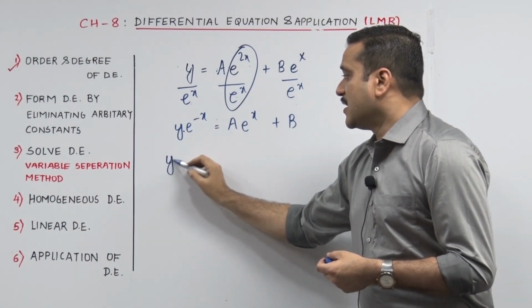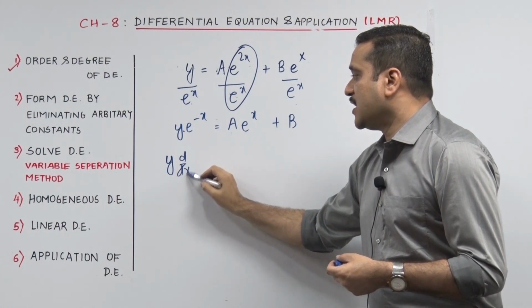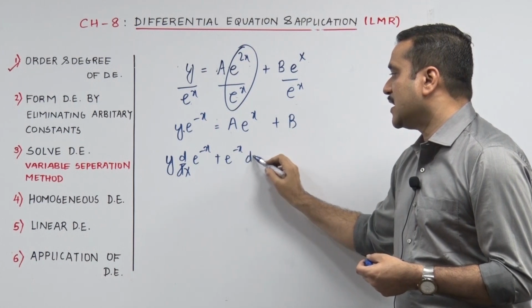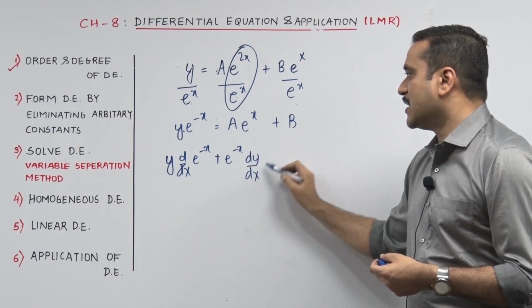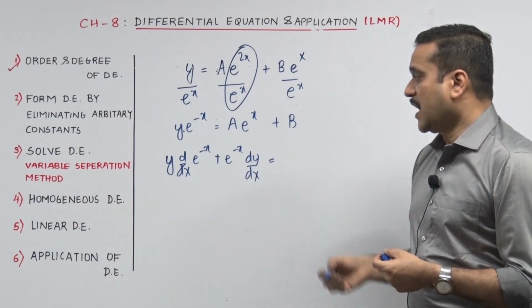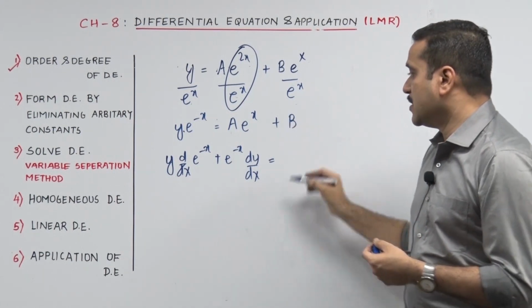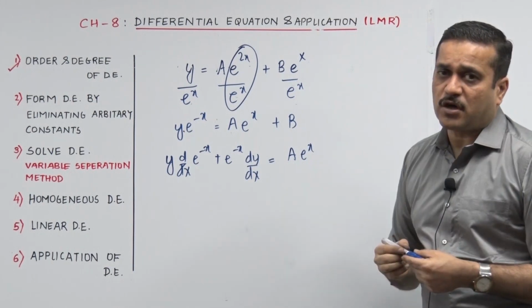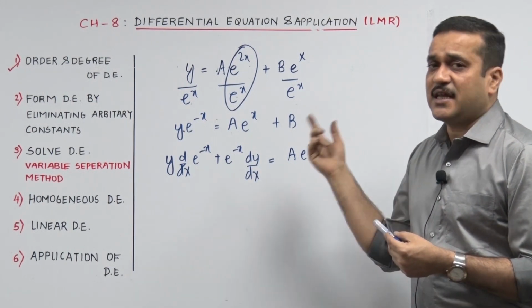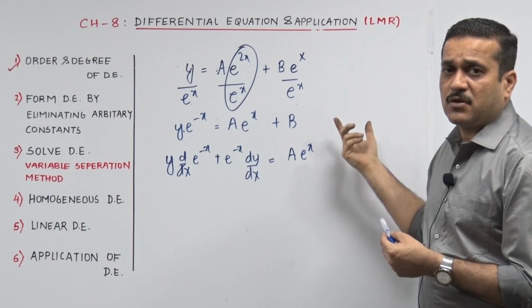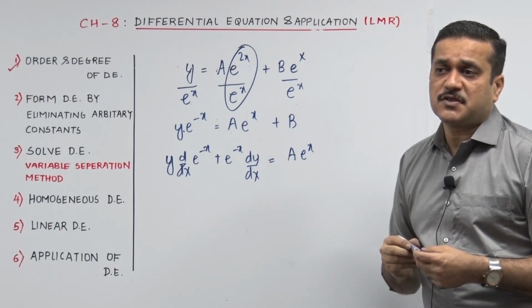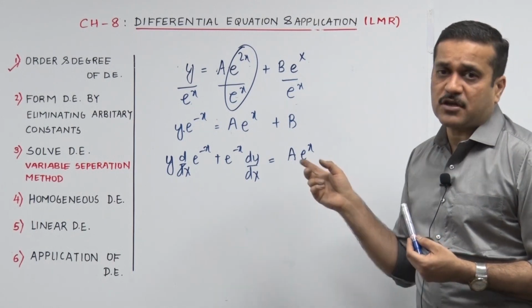So y into the derivative of e raised to minus x, plus e raised to minus x into the derivative of y, is equal to a e raised to x, and the b is gone. The a survives, e raised to x has derivative e raised to x, and b was alone, so it got killed. We got the first success. We were successful in eliminating at least one constant.